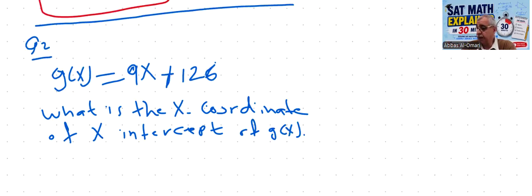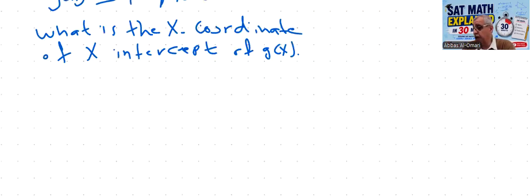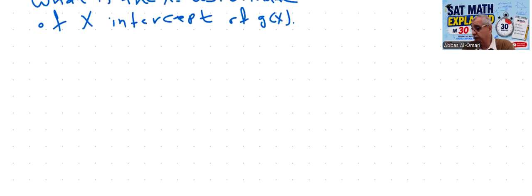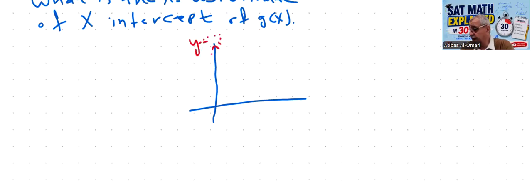Now, when we say the x-intercept of any function, if you have y and x axes like this, where y is g of x, and this is x, the x-intercept means y equals 0, and the y-intercept means x equals 0.